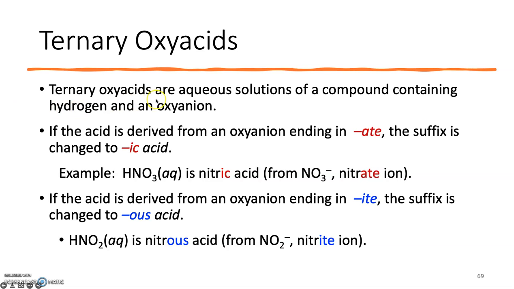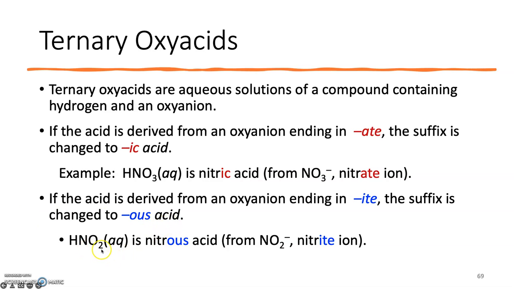Ternary acids are aqueous solutions of a compound that contains hydrogen and an oxyanion. If the acid is derived from an oxyanion ending with -ate, the suffix changes to -ic acid. For example, HNO3 is nitric acid, from the nitrate ion. Remember, I talked in my video lecture about NO3 being the nitrate ion. If the acid is derived from an oxyanion ending with -ite, the suffix is changed to -ous acid.